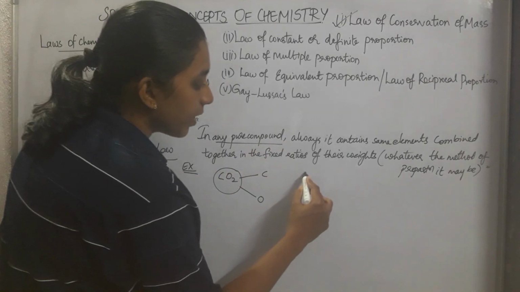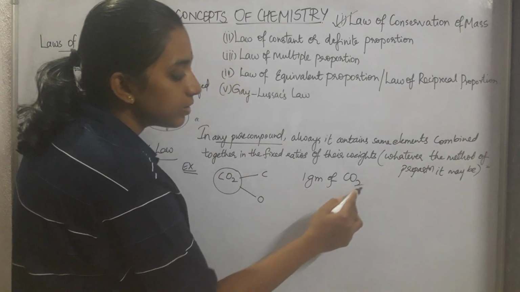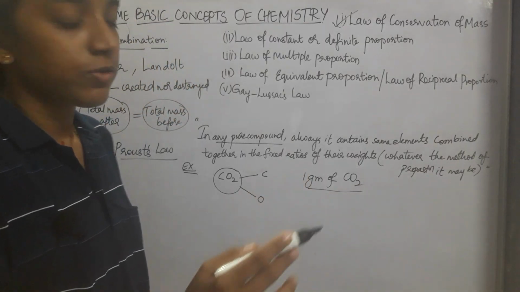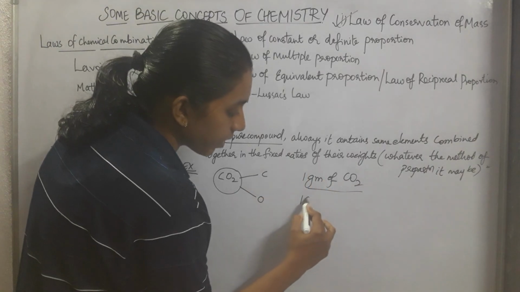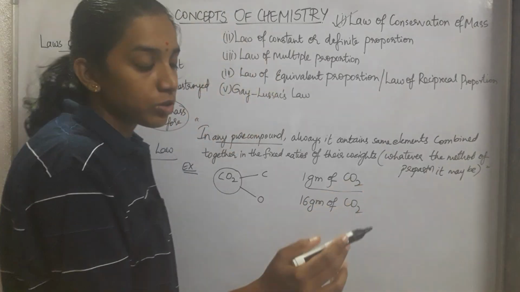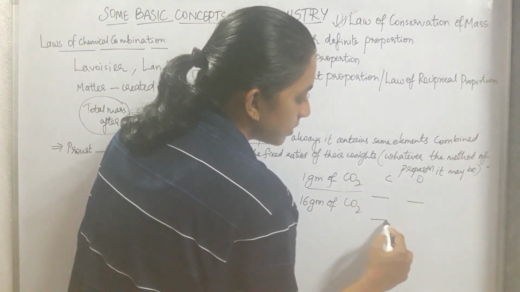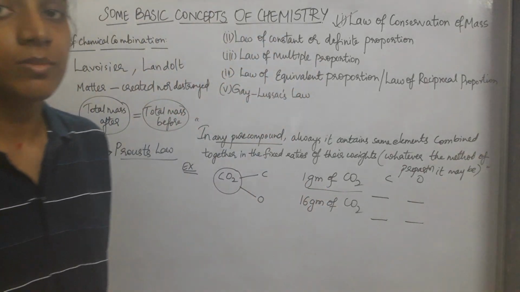If we take 1 gram of carbon dioxide, or 16 grams of carbon dioxide, the ratio between carbon and oxygen in this 1 gram as well as in this 16 grams is the same.